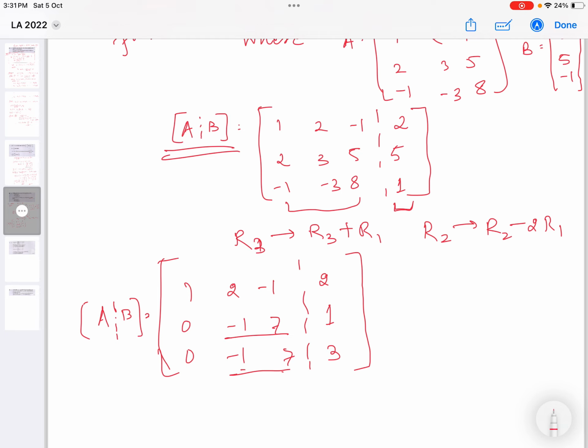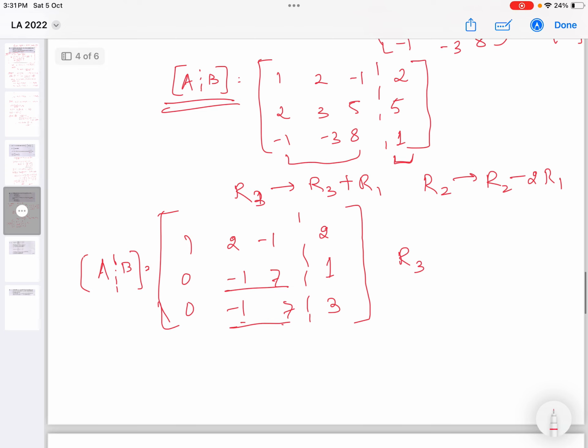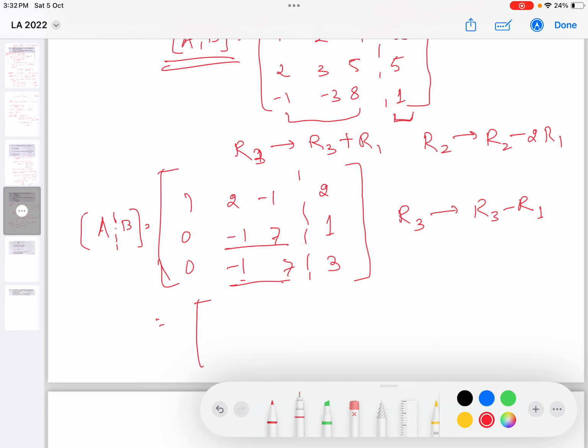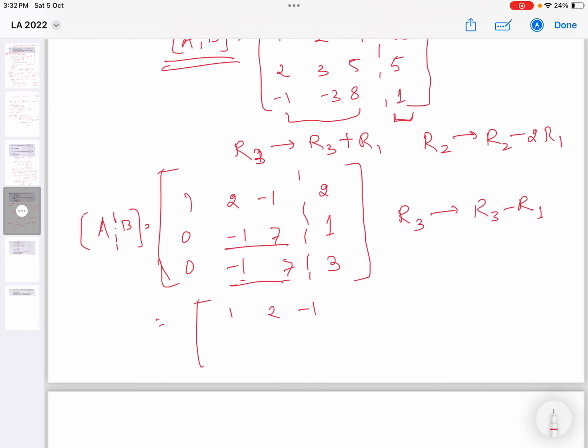R3 minus R1, yes. R3 becomes R3 minus R1, 0 sorry, 1 2 minus 1, 0 0 0, just subtracted. From here R2, here 2 will come.